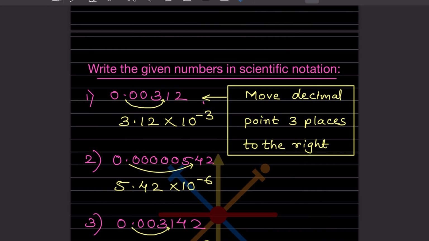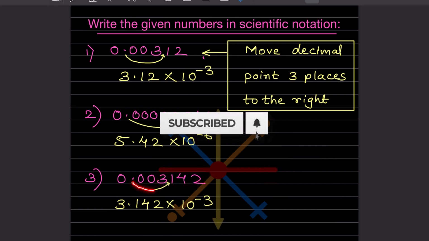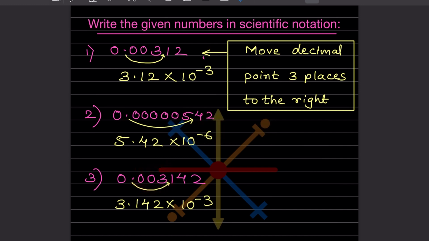So it should be 10 raised to minus 6. Here you are shifting 6 places to the right. Now it should be 3.142. So this decimal is going to be shifted over here, 1, 2, 3. So it should be 10 raised to minus 3. Hope you got this one.